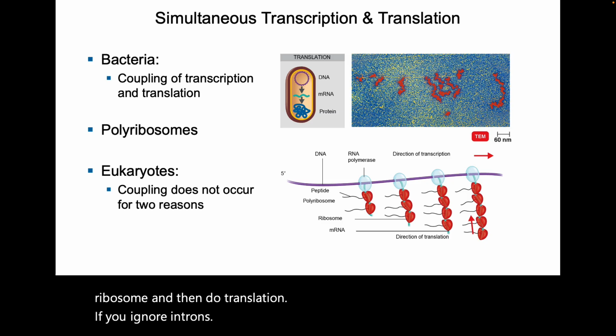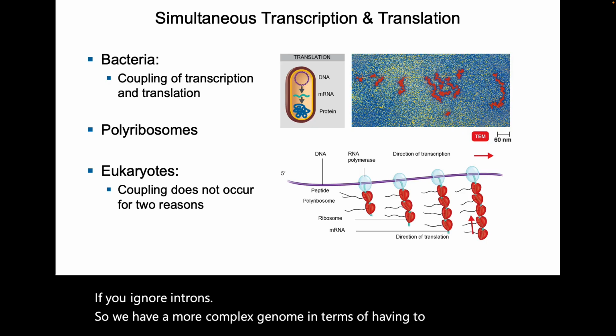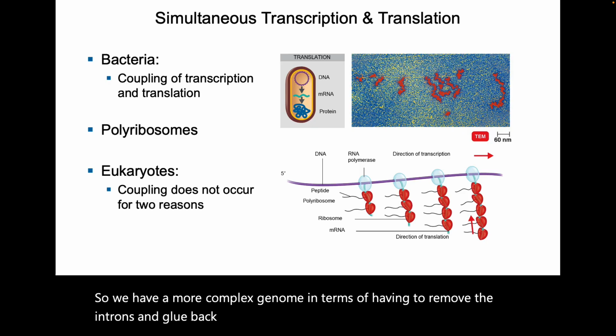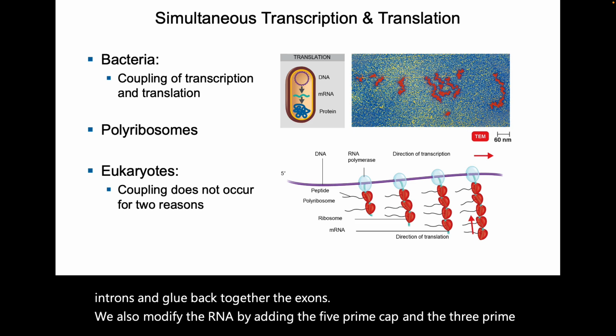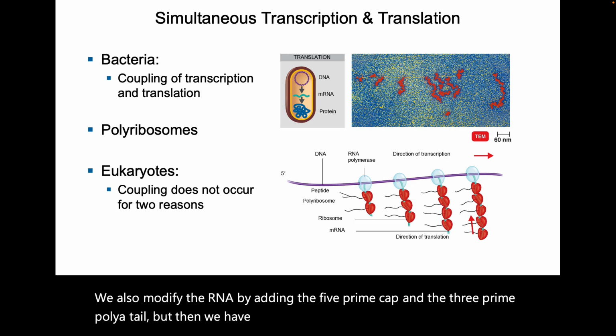So we have a more complex genome in terms of having to remove the introns and glue back together the exons. We also modify the RNA by adding the 5' cap and the 3' poly A tail, but then we have physically separated these two processes. They are spatially separated in the cell.